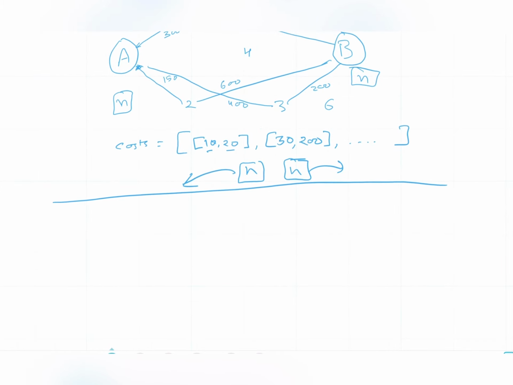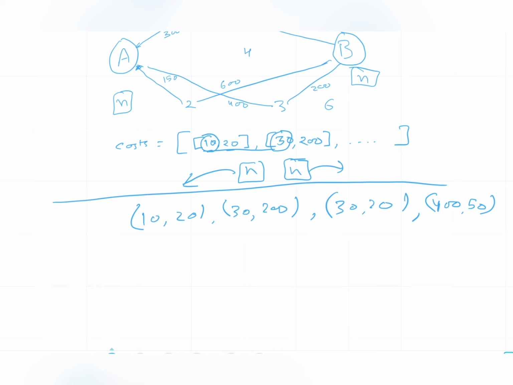So thinking about it, we might think about, let's say, sorting this array by the first person's cost, right? Let's say 10, 20, 30, 200, 30, 20, and 450.